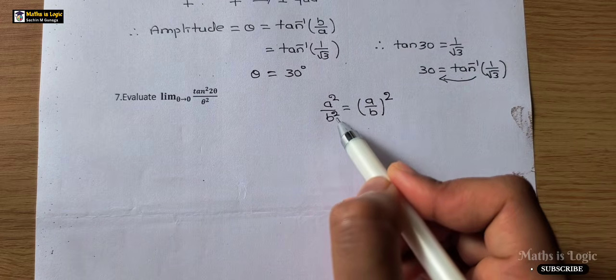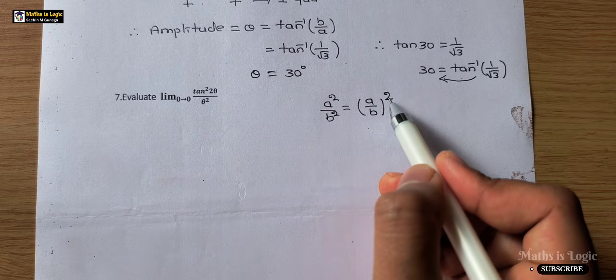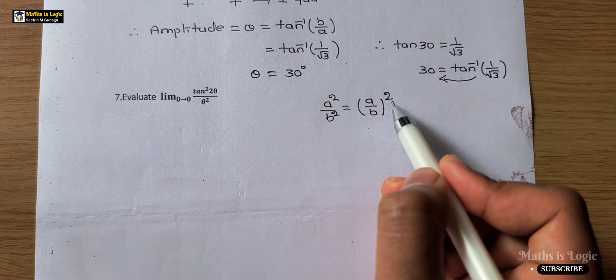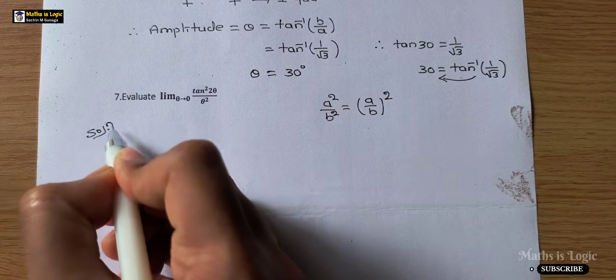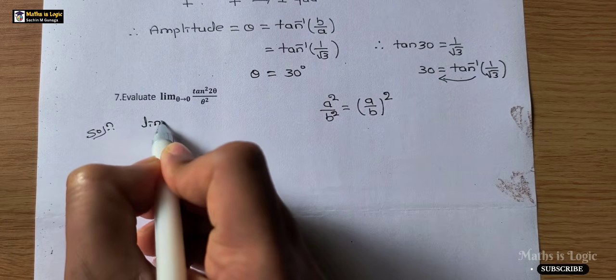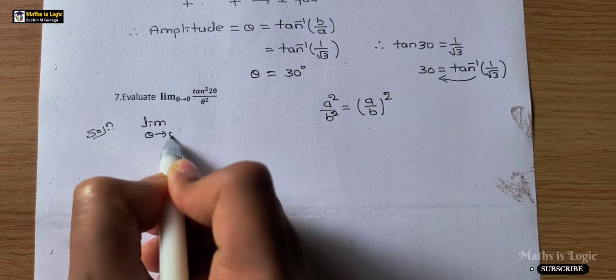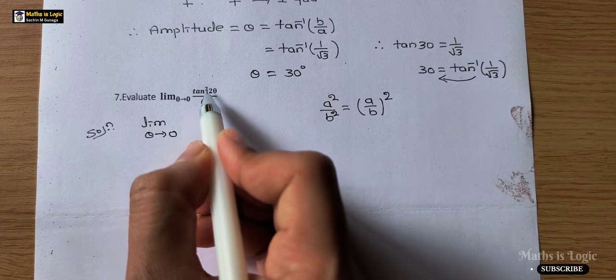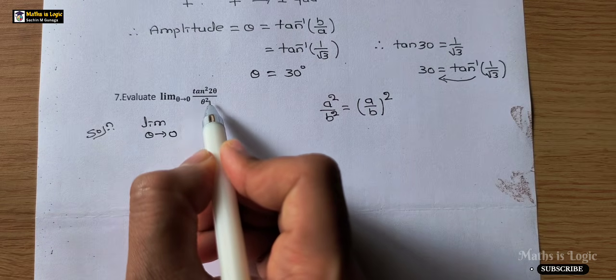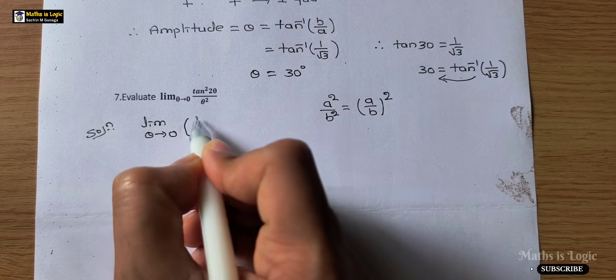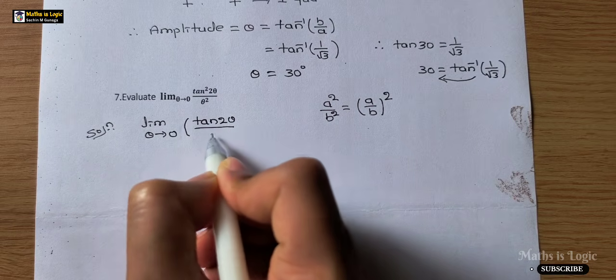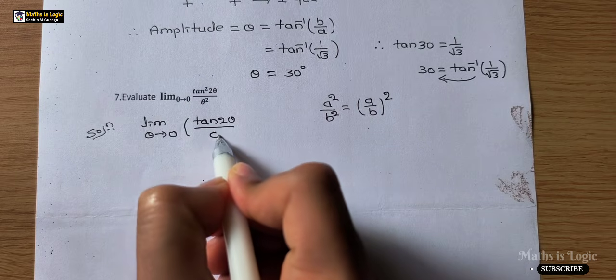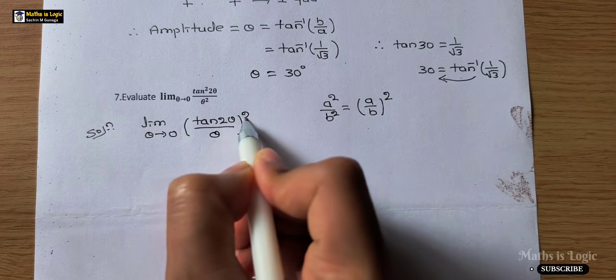If both the powers are same, we can write it as common, that is a divided by b whole bracket square. Therefore, in the solution, limit theta tends to 0, tan square 2 theta divided by theta square can be written as tan 2 theta divided by theta whole bracket square.